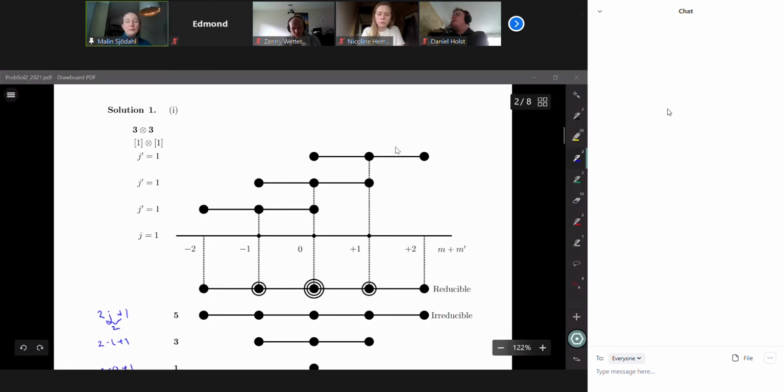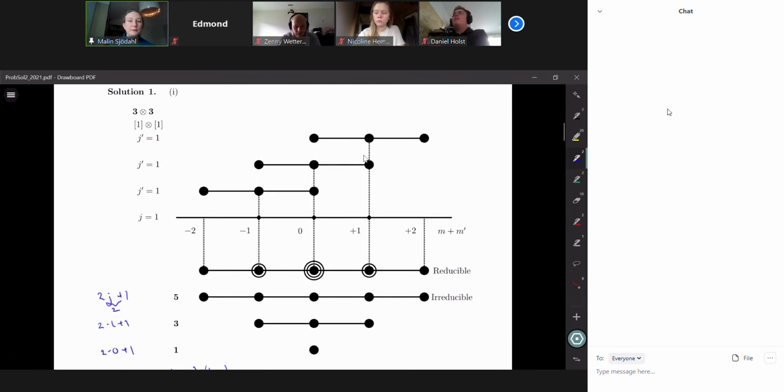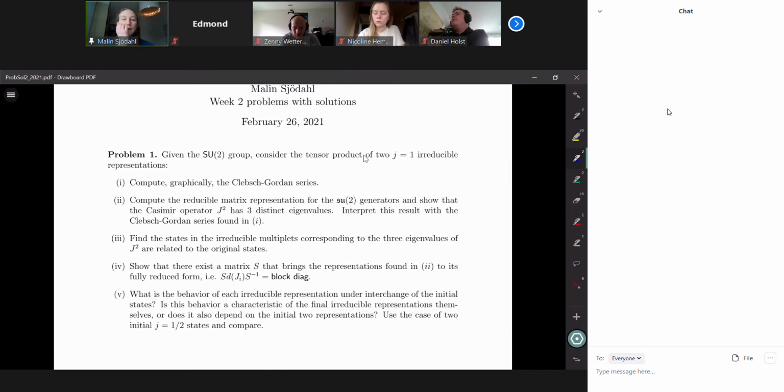Now, can someone confirm that you see my screen here? Great, thanks. Okay. So the first part of the exercise, that's what Nicolina just did. We find all the states graphically, and we double check that we have the correct number of states. And then already in the second task, we are required to do quite some work.